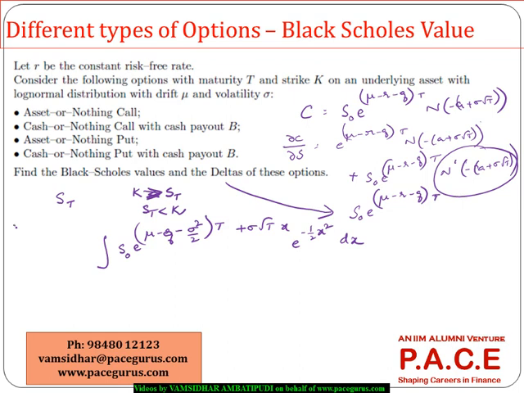So ST is nothing but S naught into e to the power of mu minus q minus sigma squared by 2 into t plus sigma root t into z.